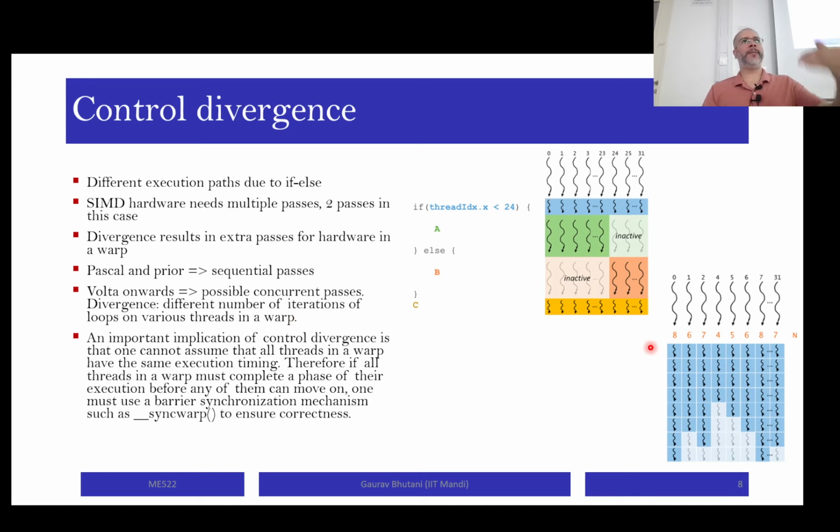Now, what if each thread is executing a different number of loop iterations? For example, if you look at this figure on the bottom right, you have a certain number of threads, and each thread is doing some executions of a loop, but some threads finish early and the other threads take longer.